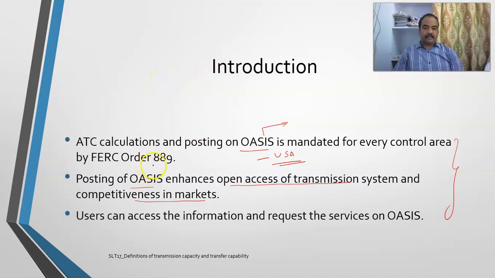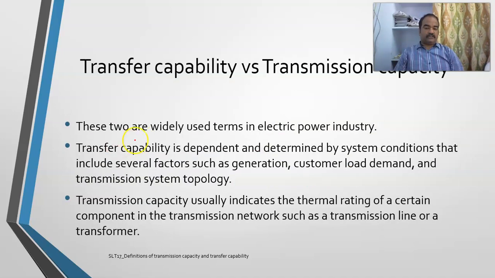For this, the FERC, particularly in the USA, has made it mandatory that the ATC must be made available on a regular basis on the internet, and it must be available for every participant. Now the question is, what is this ATC?